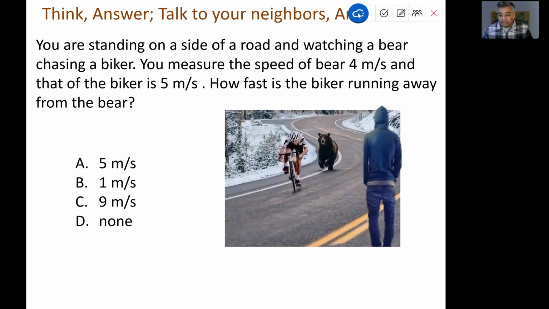So now, what do you think about this? Let's go ahead, read the question and respond. And you have 1 minute and 30 seconds to answer this question.